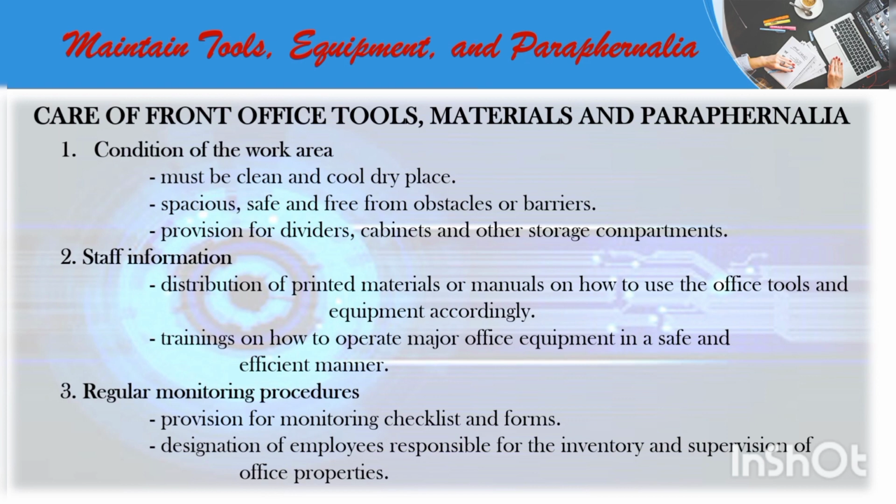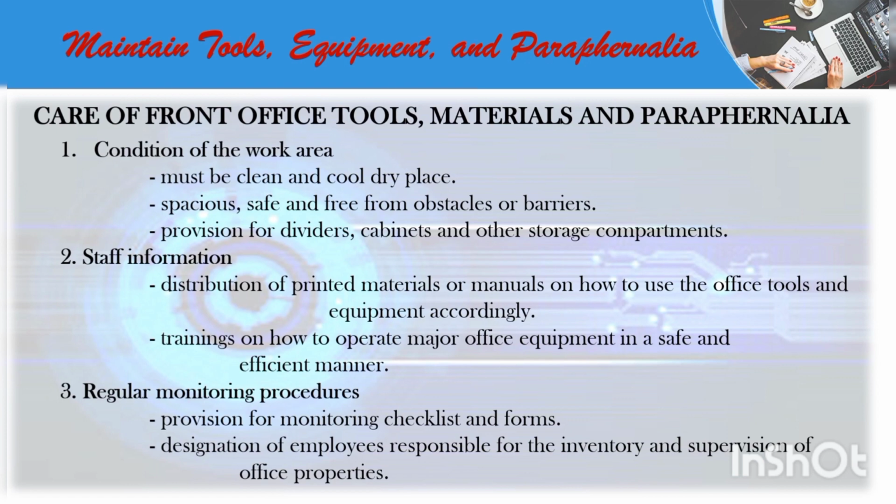Number 2, staff information. Distribution of printed materials or manuals on how to use the office tools and equipment accordingly. Training on how to operate major office equipment in a safe and efficient manner. Number 3, regular monitoring procedures.